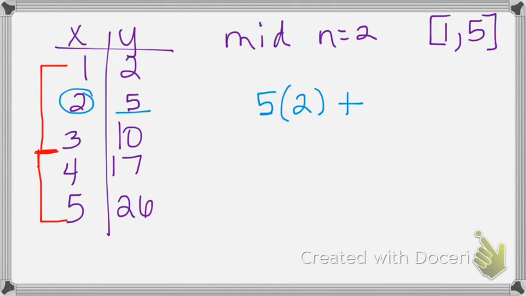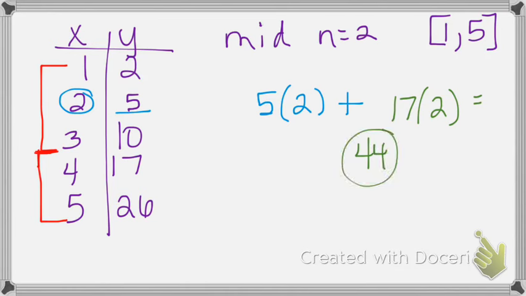And then the second rectangle, I have to think about, okay, from 3 to 5, the midpoint is 4. The height of that rectangle is going to be the height at 4, so it'll be 17, and still the width is 2. I get 44.